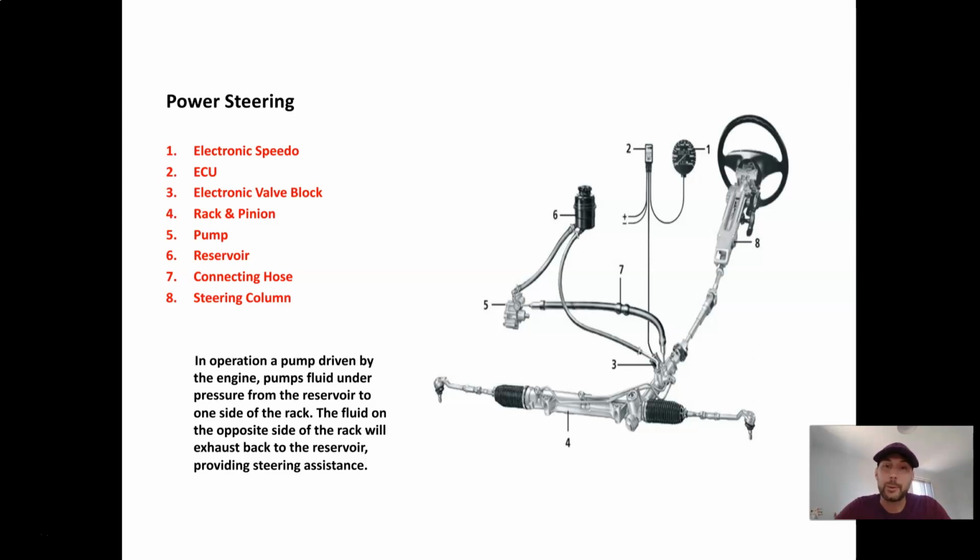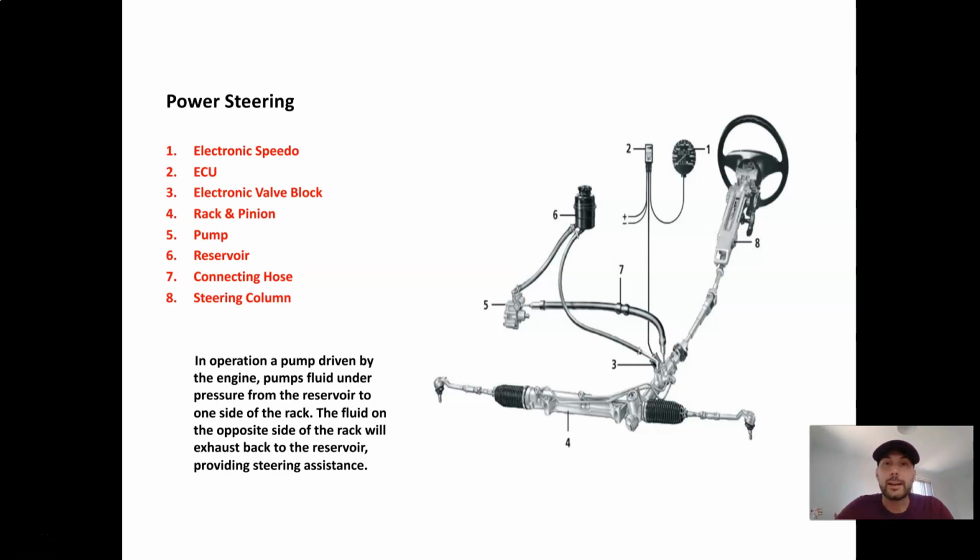Because what's basically happening is we're relying on a pump, normally a sliding vane type pump, which is powered by the engine. And that then has a fluid which it pressurizes. That pressurized fluid can then be directed via the control valve or rotary valve in the rack to go one side or the other side of the rack, depending on where we need it to move.